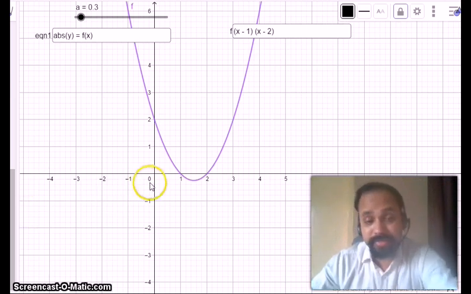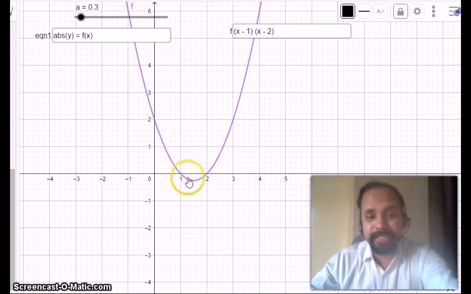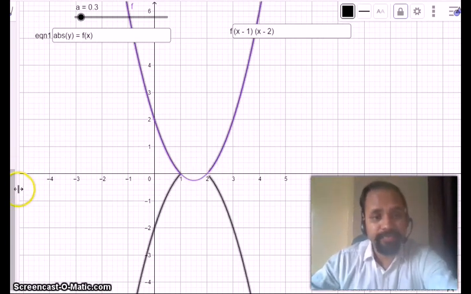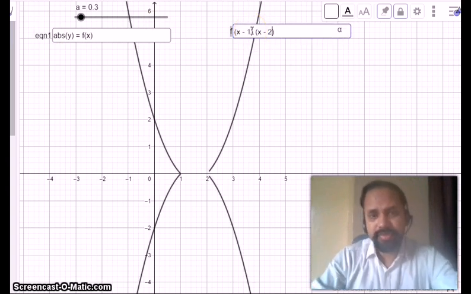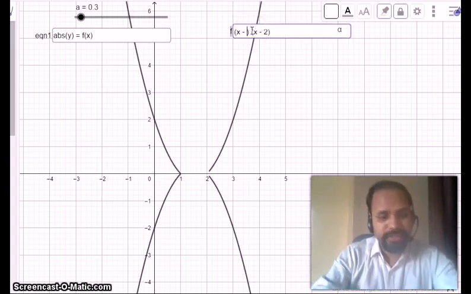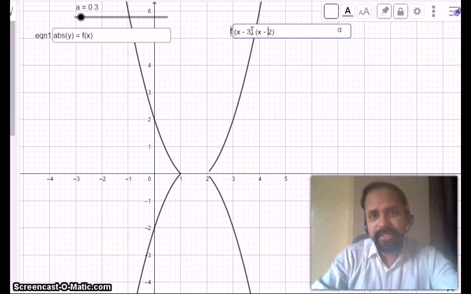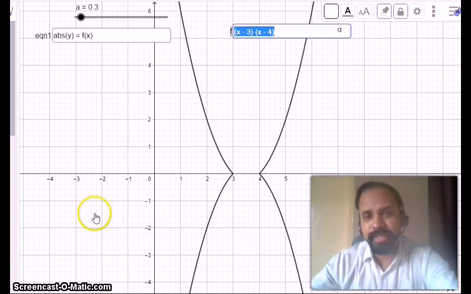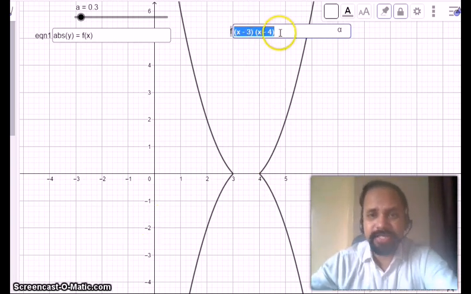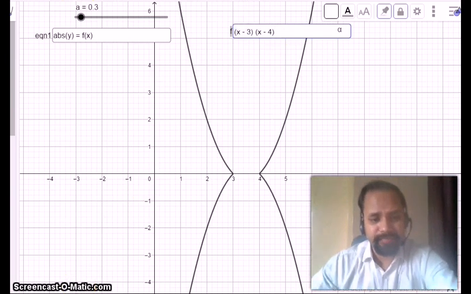What we have to do is omit the part that is below the x-axis, and then take the image of the part that is above the x-axis with respect to the x-axis as a plane mirror. Then this will be the graph of mod y equals (x minus 1)(x minus 2). You can change any value. If you want to change to (x minus 3)(x minus 4), then also you can simply change the graph and you will get the graph.